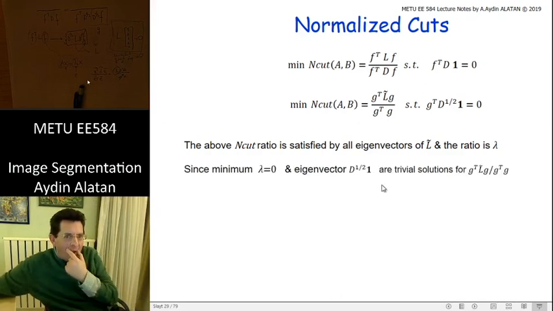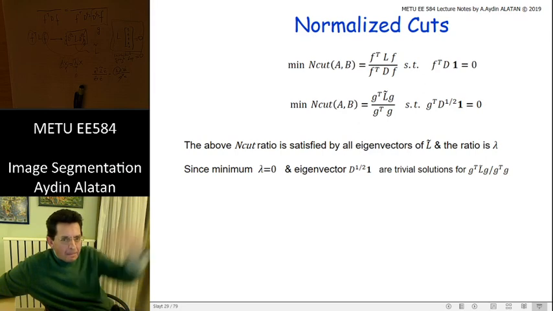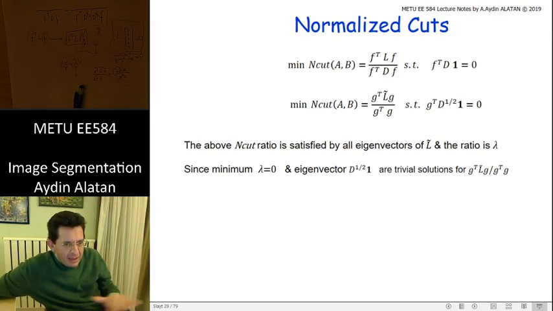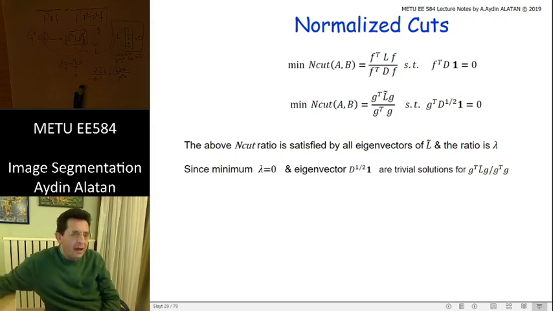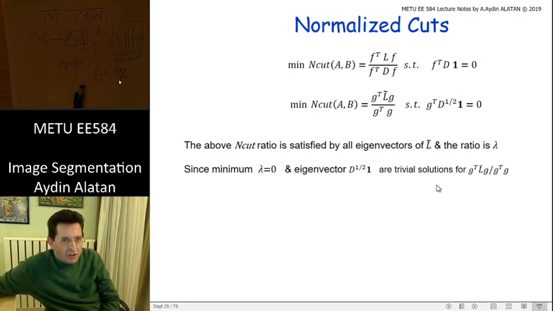And we have the minimum lambda is equal to 0. There is nothing smaller than that one. This is the minimum one, but it is always true for any connected graph. Therefore, these are the trivial solutions.